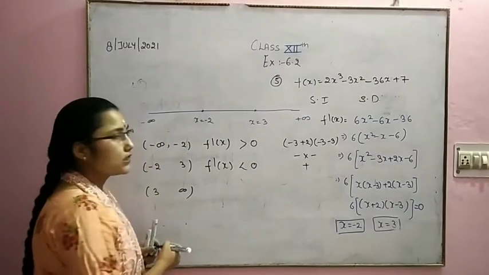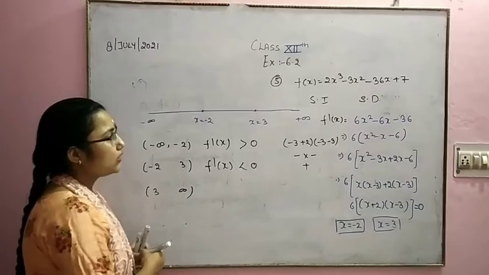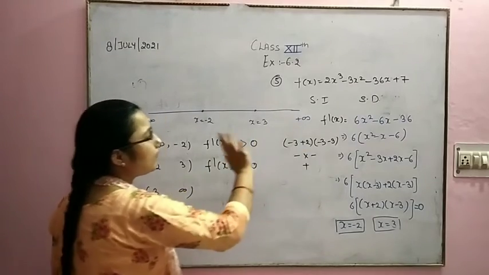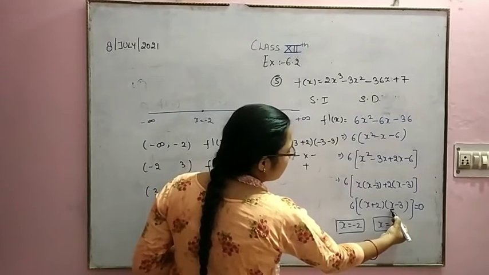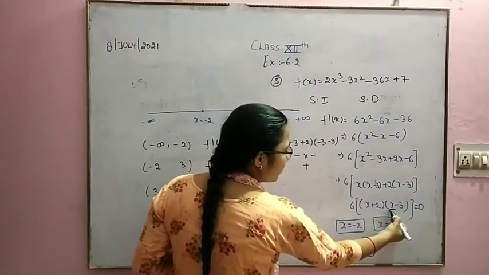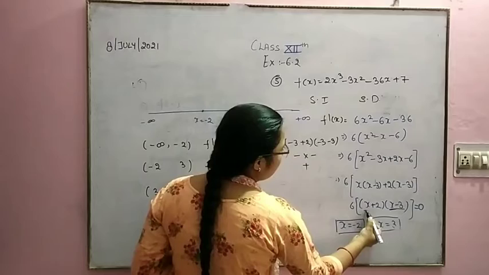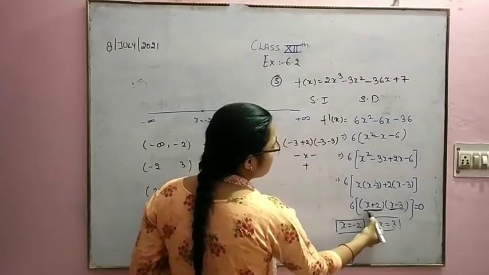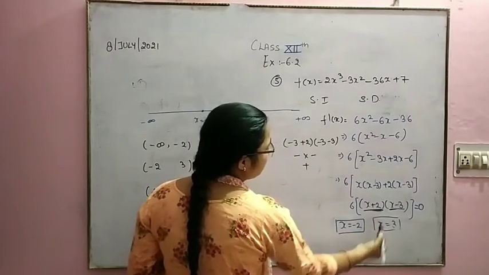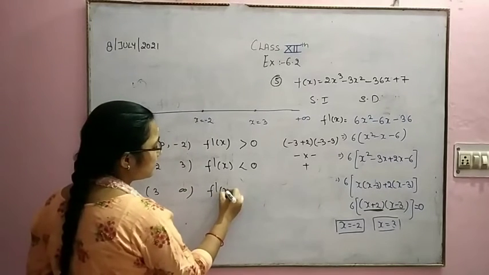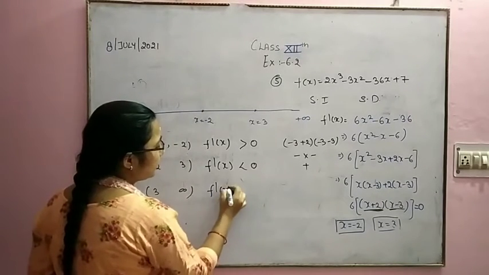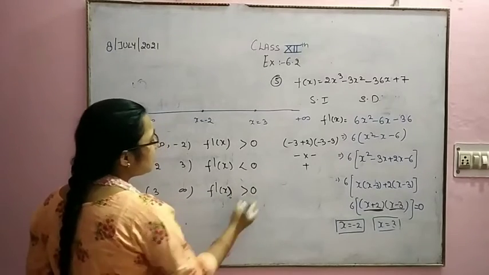For the third interval, 3 to infinity, all numbers are positive and greater than 3. Correct? So it is clear that we get a positive value for x minus 3. Same for x plus 2, x is positive, so there is no change of sign, and we get a positive. So positive multiplied by positive, we get positive. That means f dash x is greater than 0.